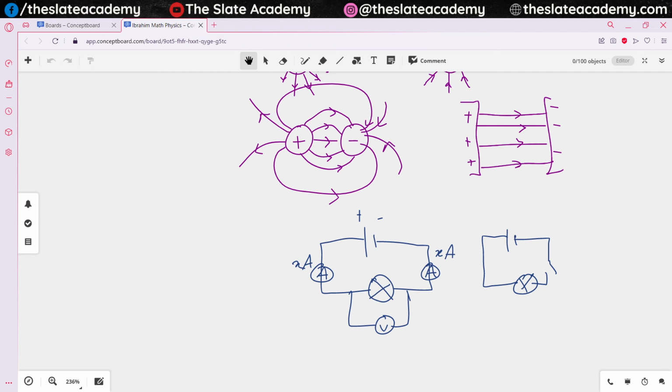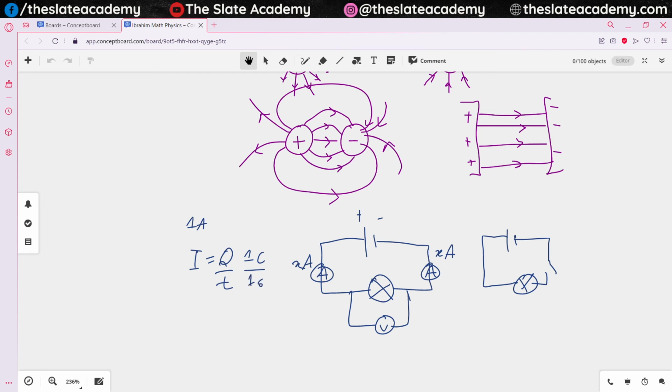The other thing is let us try to understand what current is. Current is the flow of electrons. If I say there is a flow of 1 ampere current, it would mean there is a flow of 1 coulomb charge per second.